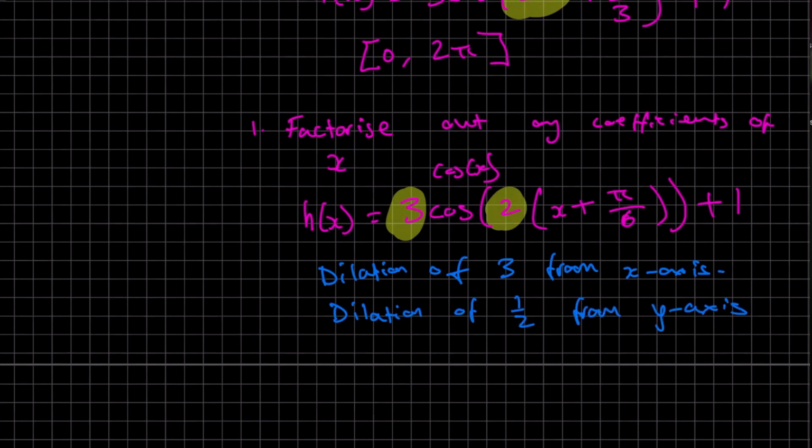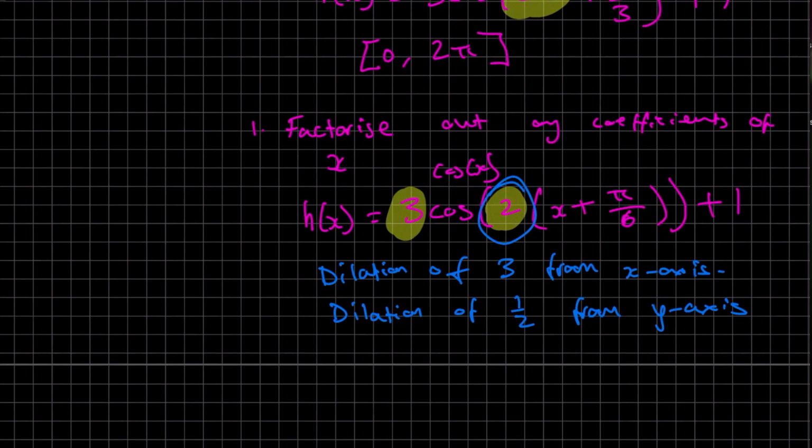Remembering that our coefficient of x is always our dilation from our y-axis, and we always have to take the inverse of our coefficient of x to find the factor of this dilation. So over here, there has been a dilation of factor 1/2 from the y-axis, not a dilation of factor 2 from the y-axis. So be very careful of that.